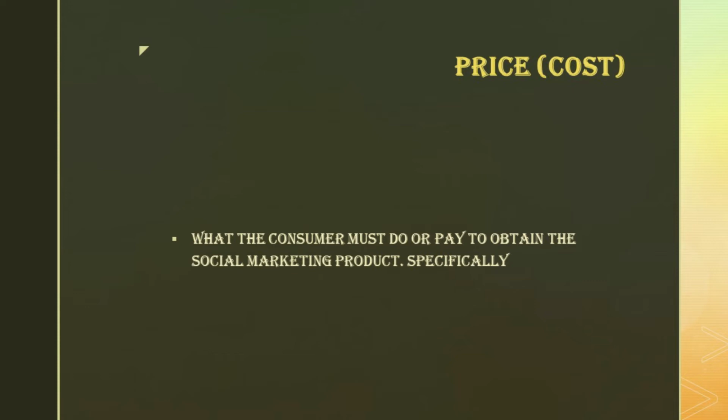Enacting policy change can help address these barriers by minimizing the price the target audience believes it must pay in the exchange. There are many issues to consider in setting the price. If the product is priced too low or provided free of charge, the consumers may perceive it as being low in quality.